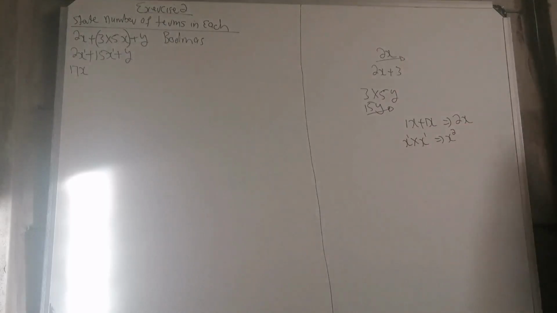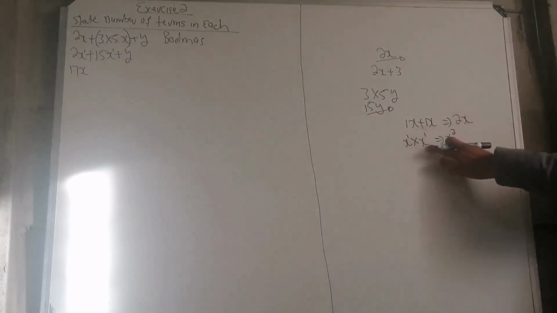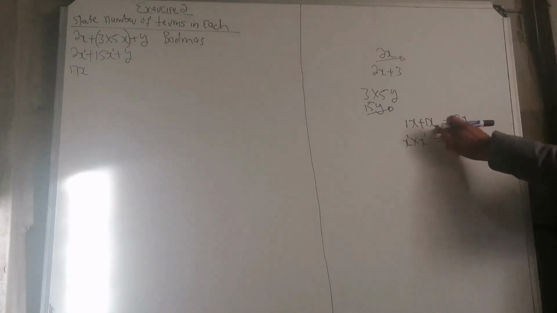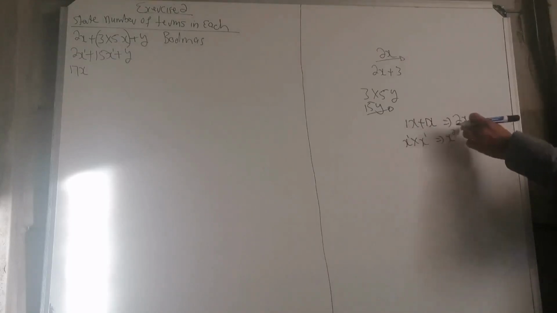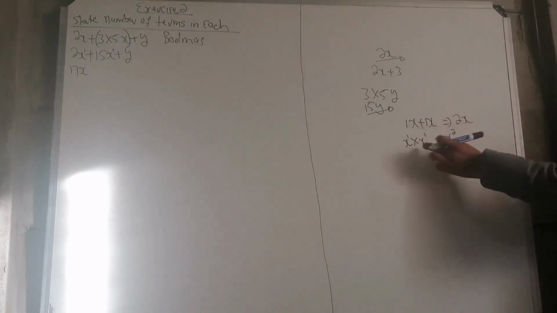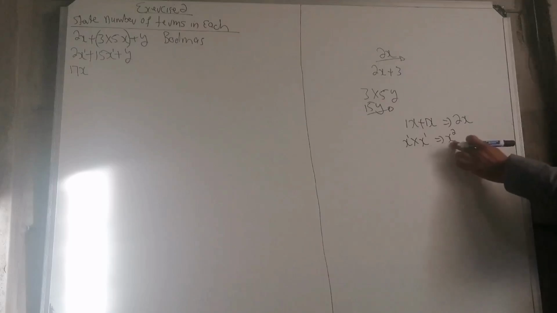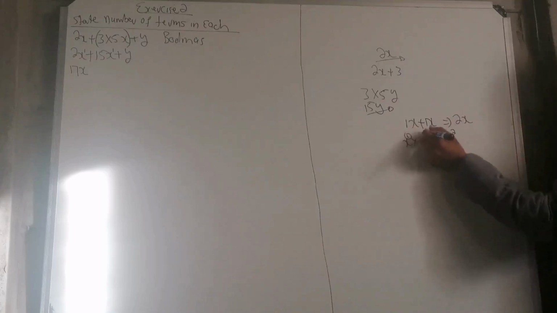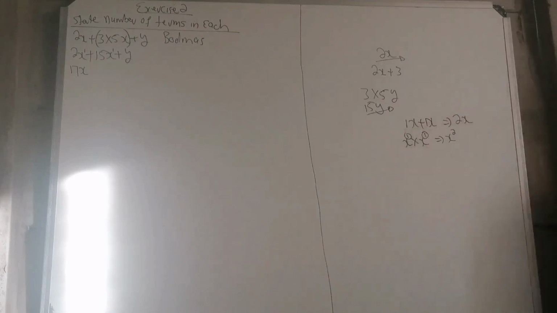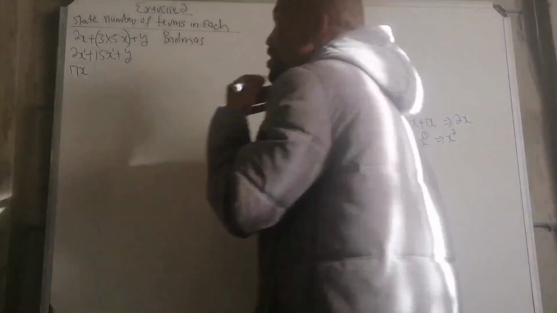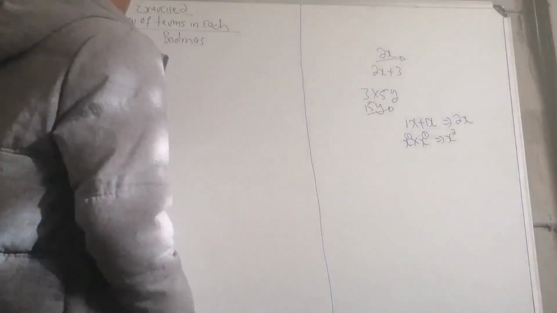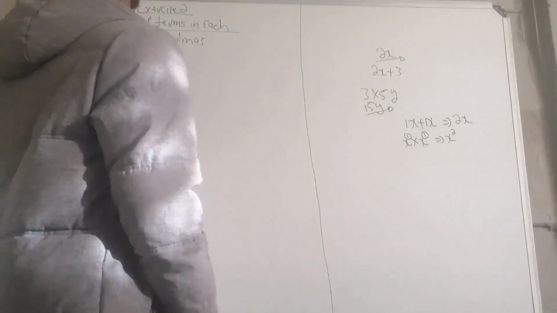So that is the difference between this one and this one. When you add, you just add the numbers. 1 plus 1 is 2, then you write your x. But when you multiply, you write one alphabet, then you add the exponents. 1 plus 1, then you get 2. Something which is worthy of noting. So 2x plus 15x will give you 17x, and then you have your plus 1.